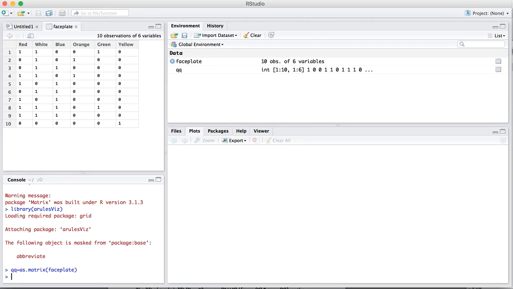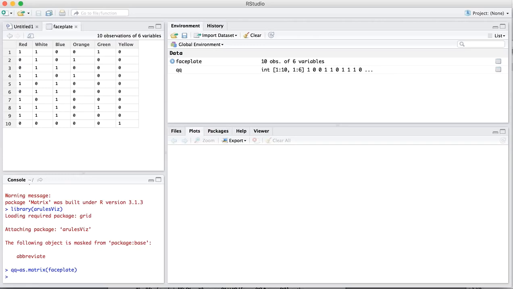Now since it is in a binary format, we want to convert into transaction where those zeros don't exist. So basically what we're saying is that somebody bought red, white and green, and don't say blue, orange, yellow is 0. We don't want that.